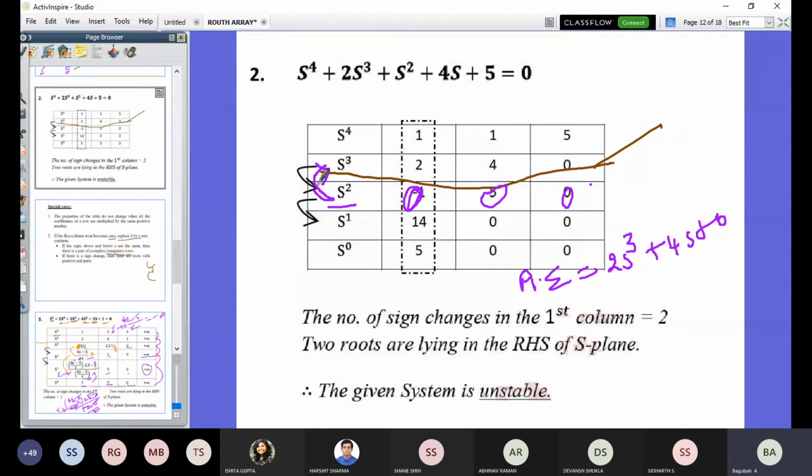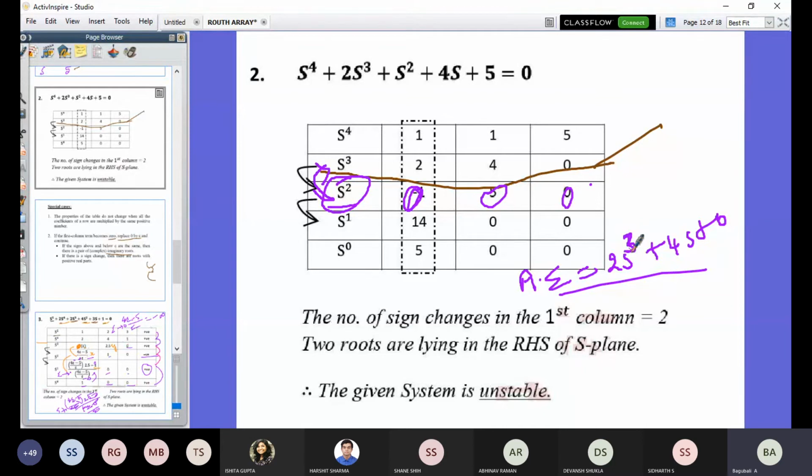Suppose the entire row becomes 0. The previous row, before the row which becomes 0, you write as the auxiliary equation, and you differentiate this auxiliary equation. Why do we need to differentiate? Because here we have the s cube row, but we require the s square row. We require the component of s square. If you differentiate, the degree of the polynomial is reduced by 1.